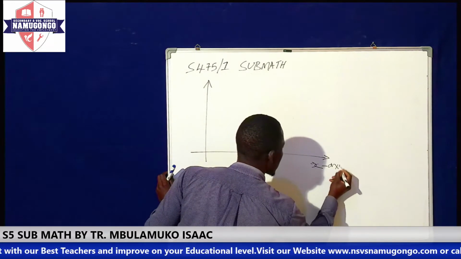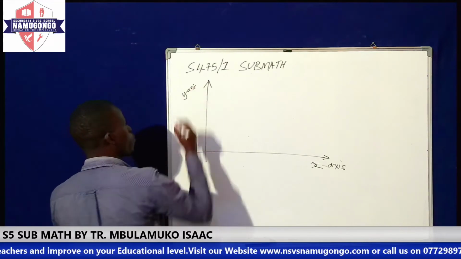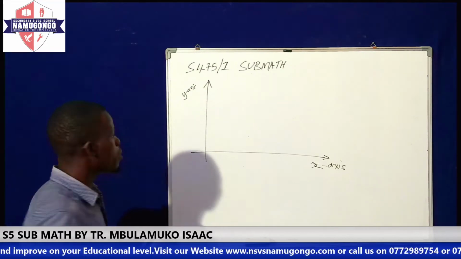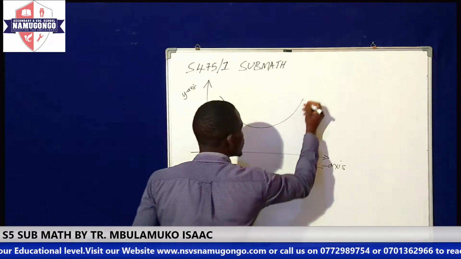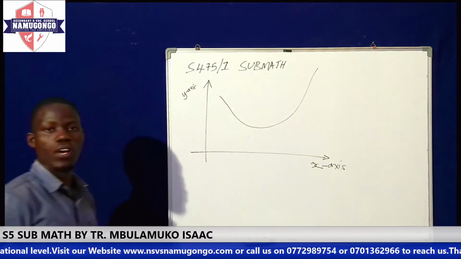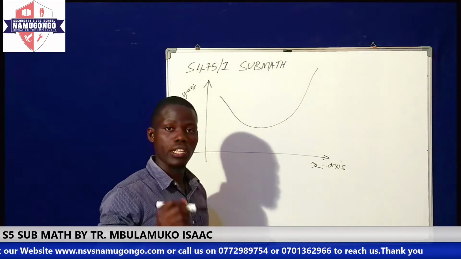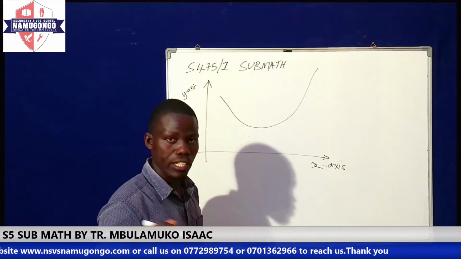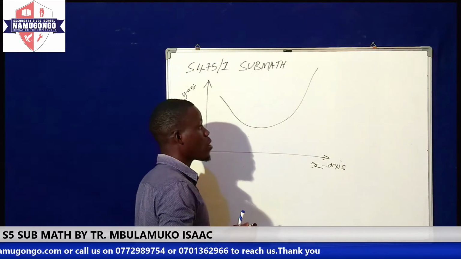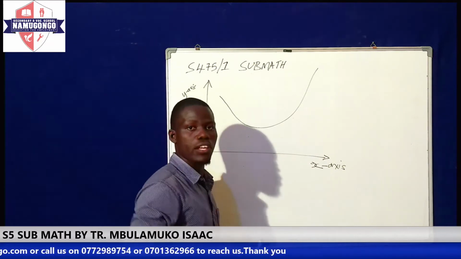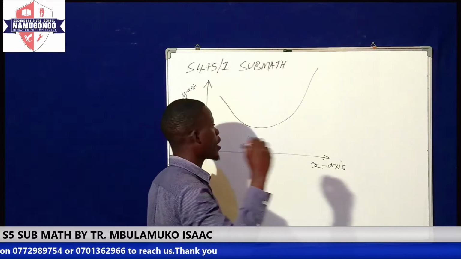So this is the x-axis and this is the y-axis. Assuming we have a curve and we want to get its gradient, we are going to use differentiation, and this is why we define differentiation as the gradient of a curve.